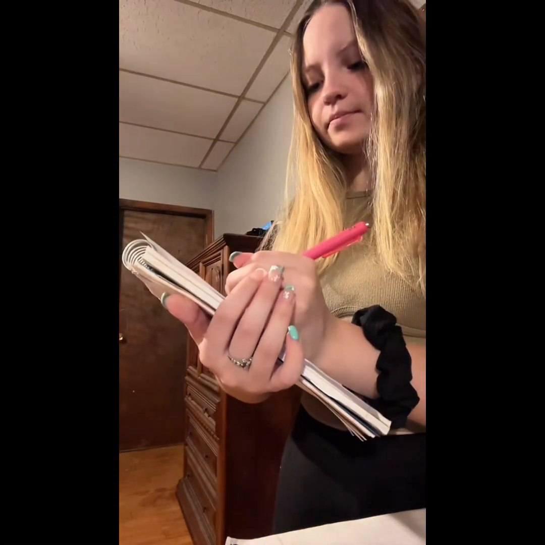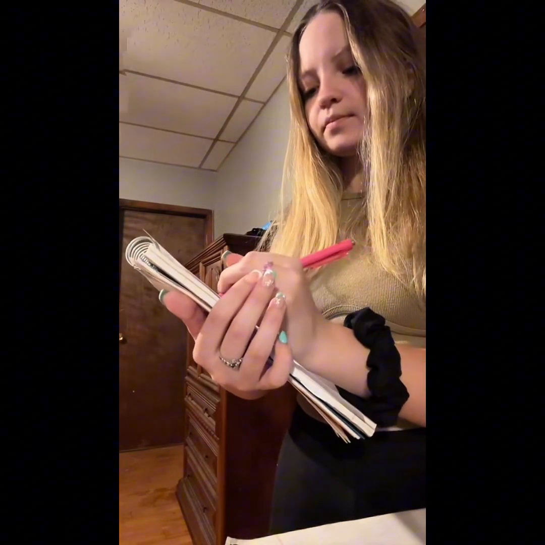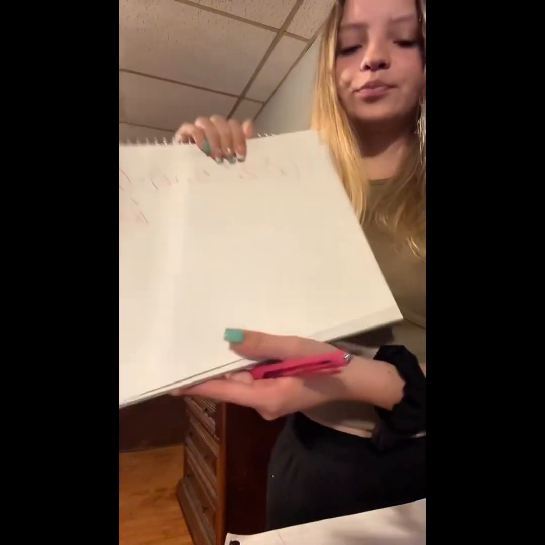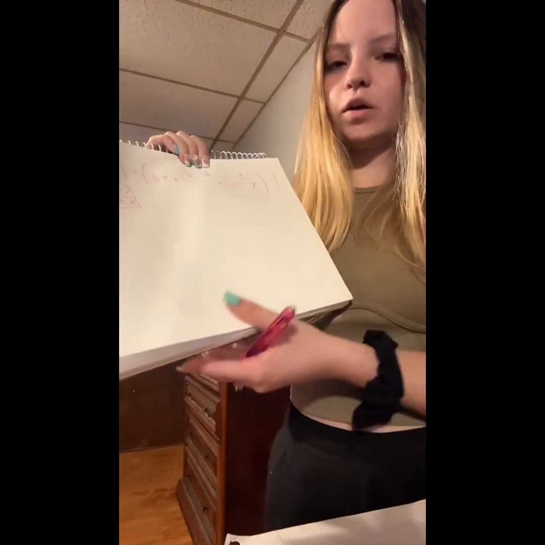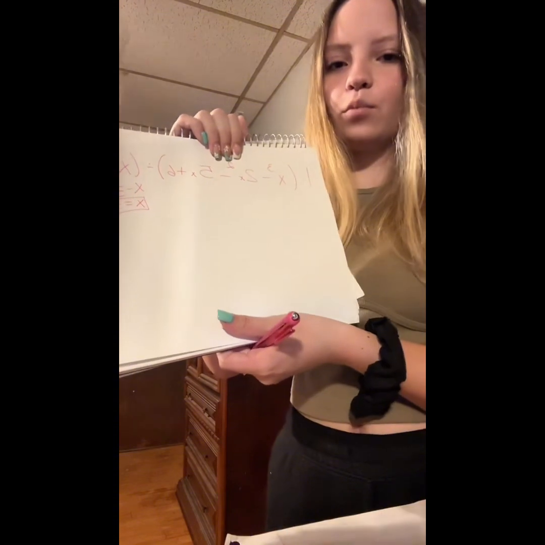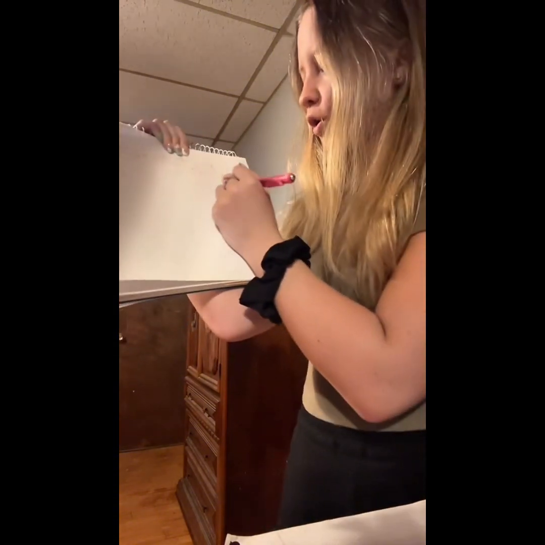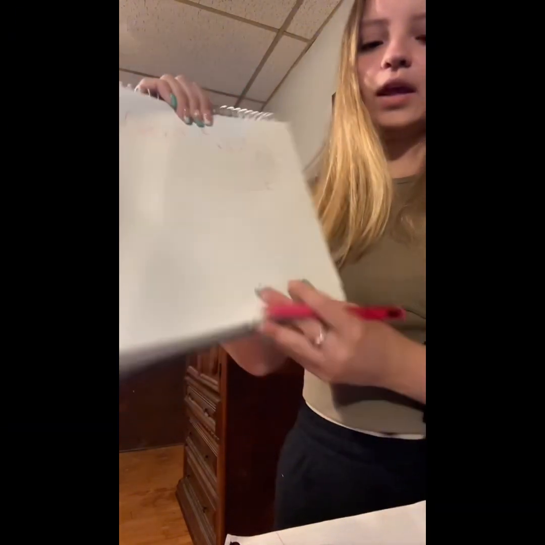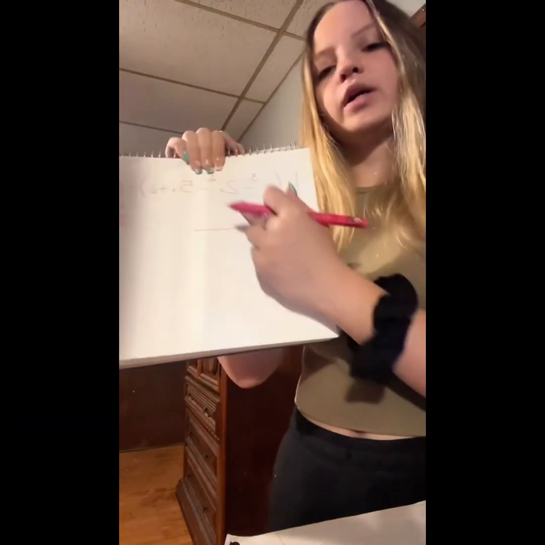So that would be x equals 3. Then you're going to set up your division problem with 3 on the outside. And then you're going to want to write down all the numbers.